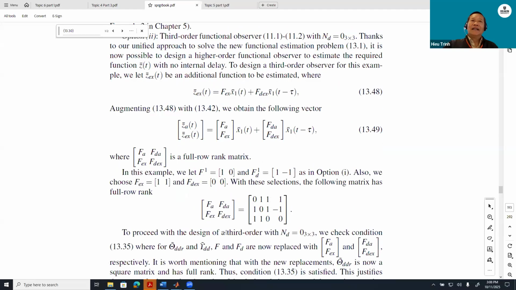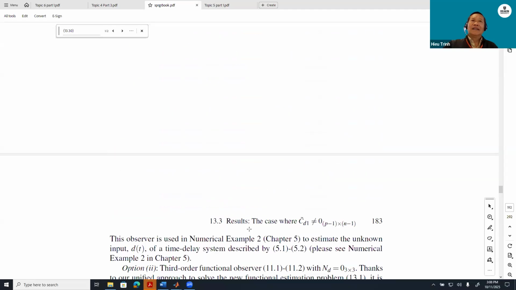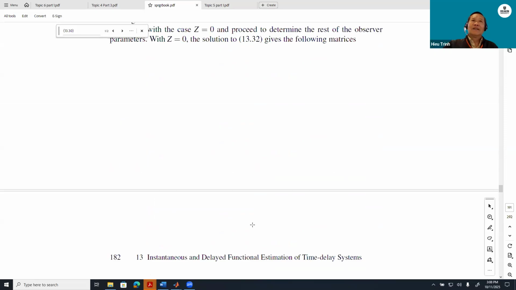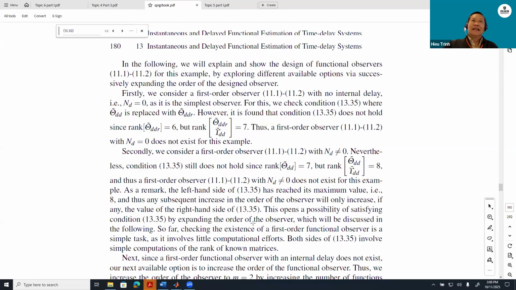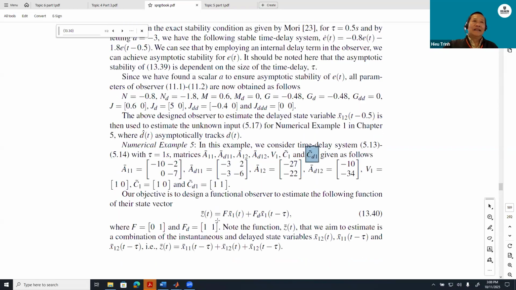Now, bear in mind that the system itself, as given in here, is a second order time delay system because basically there are two state variables in there. So I would just basically call it a second order system. To estimate a particular generalized functional for it, we show how it can be done.